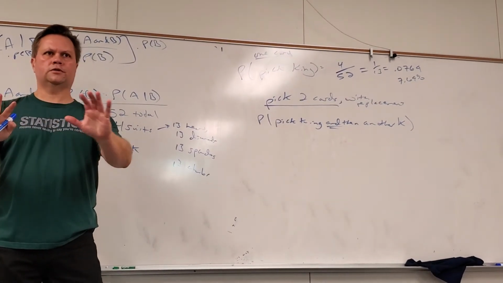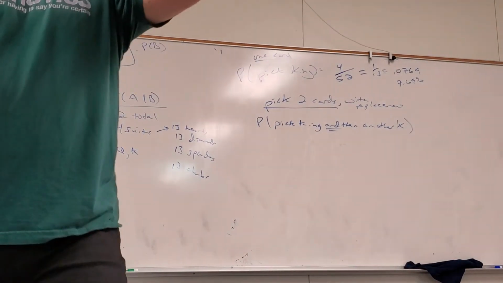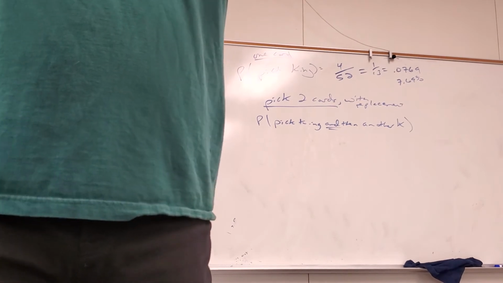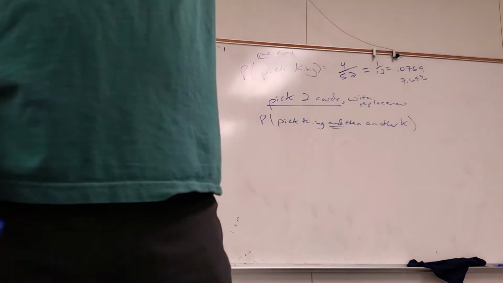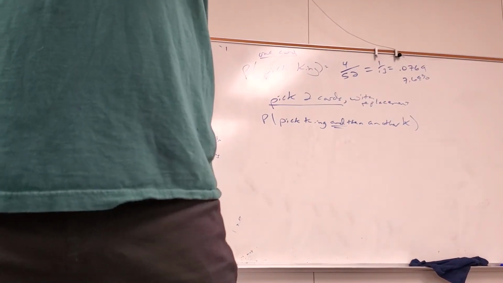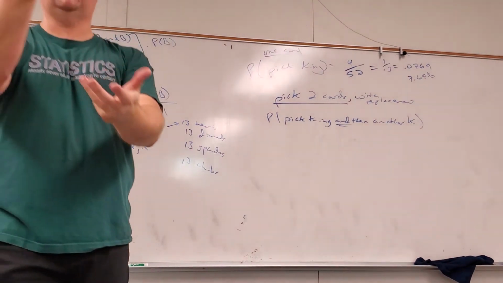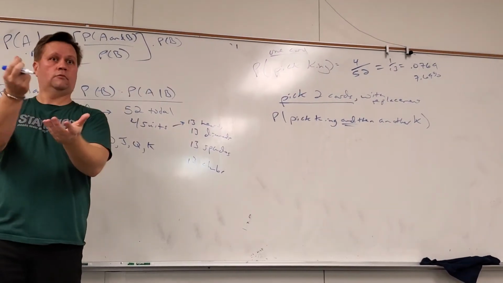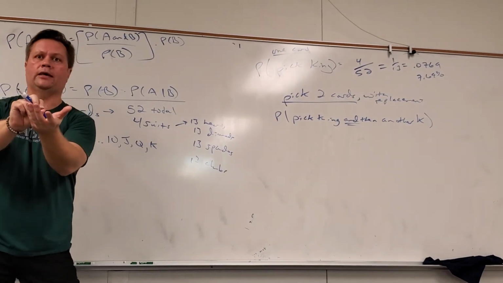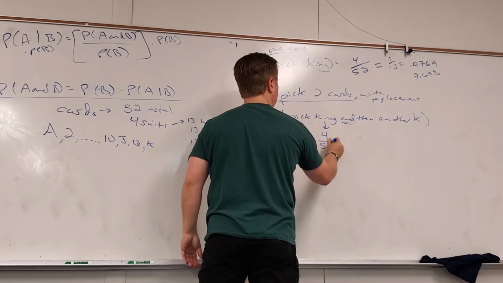All right, so here's how this works. This is like having multiple O-rings in a row. It's the probability that they all fail. I'm going to multiply, right? So here I'm picking 2 cards. It's the probability that they're both kings. That one and that one. I'm going to multiply 2 things. What's the probability the first card is a king? 4 out of 52, right? And then I put it back in. So the first card being a king is 4 out of 52.